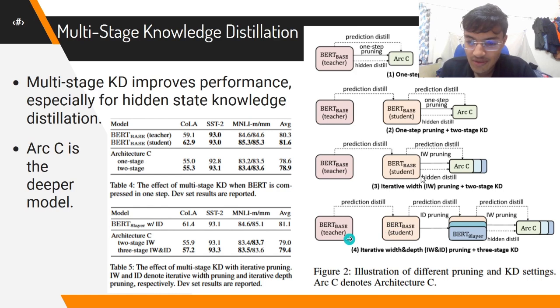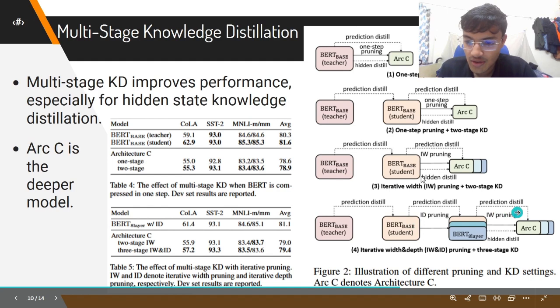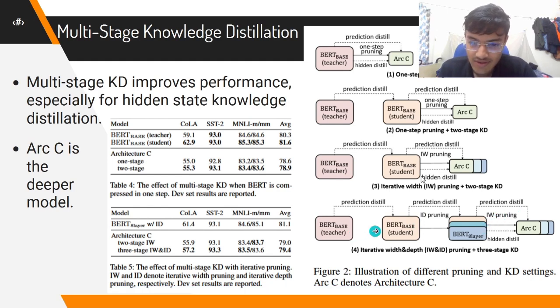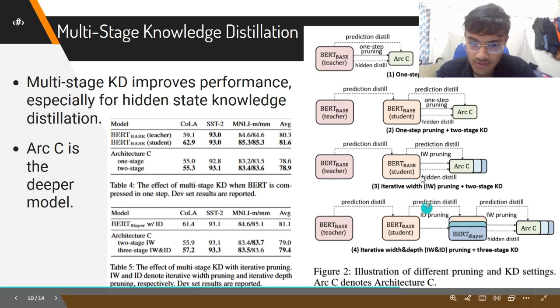The fourth scheme is IW and ID pruning, iterative width and depth pruning, plus three-stage knowledge distillation. In this, again, we create a BERT-based student model from a teacher model using knowledge distillation, and then first we do iterative pruning in the depth direction. That is, for each layer, we change the depth and do pruning in that layer, and do prediction knowledge distillation and tuning recursively.